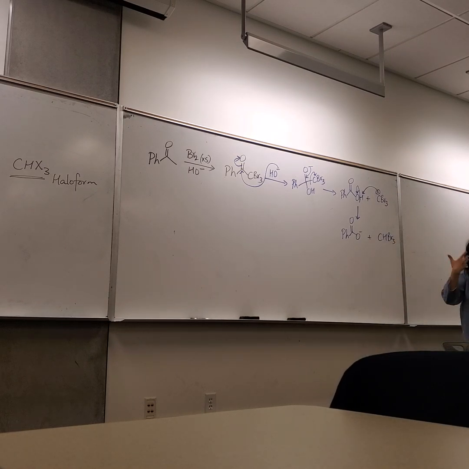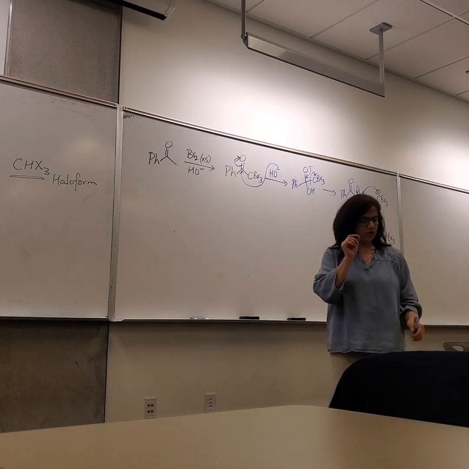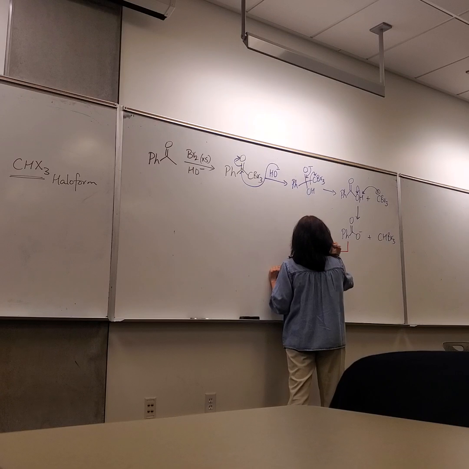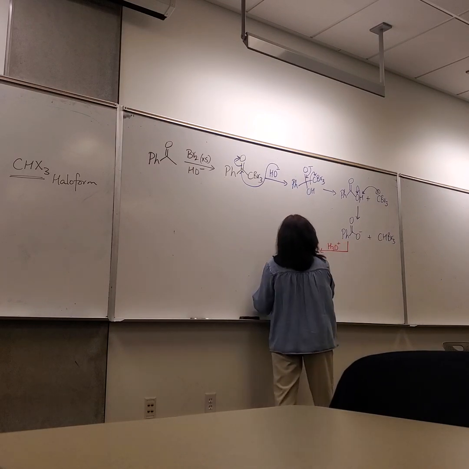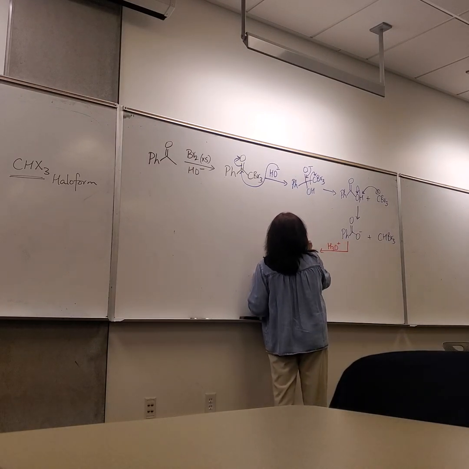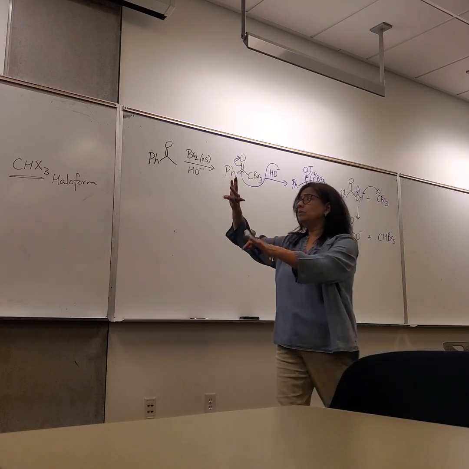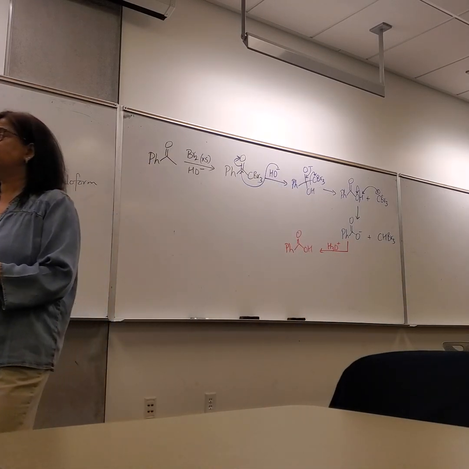So what do we have to do to get that proton back? Put it in acid. Dilute acid. Right. We have to bring in a source of protons to put it back. Exactly. That's the whole mechanism for the haloform reaction.